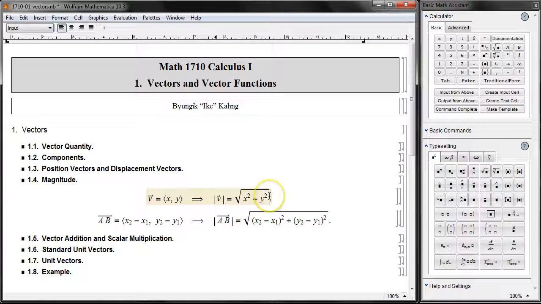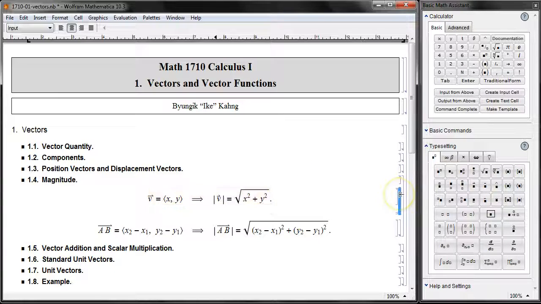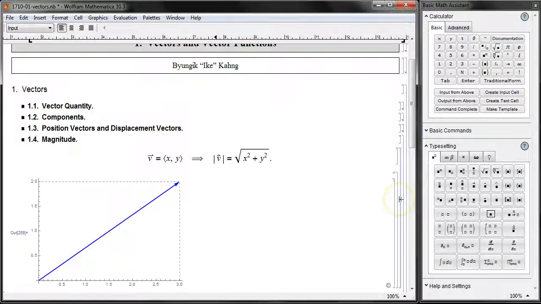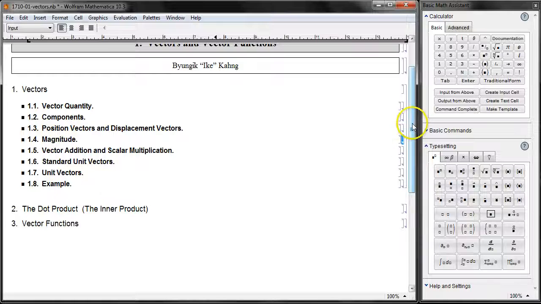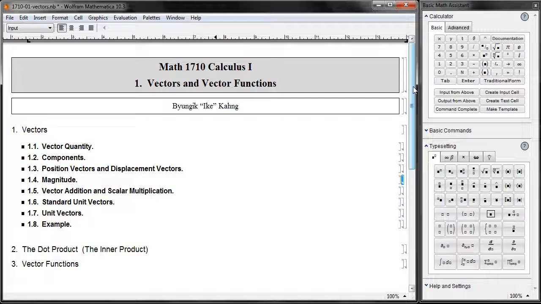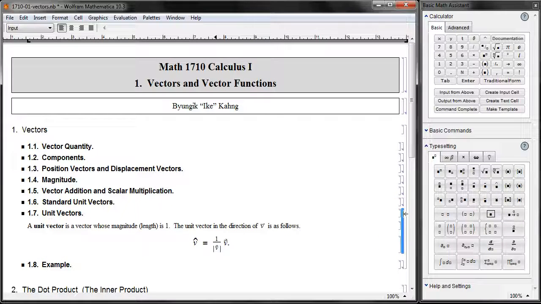Magnitude follows Pythagorean rule, the distance from the origin, as you can see here, and using the magnitude concept, you can find out a unit vector of any vector.